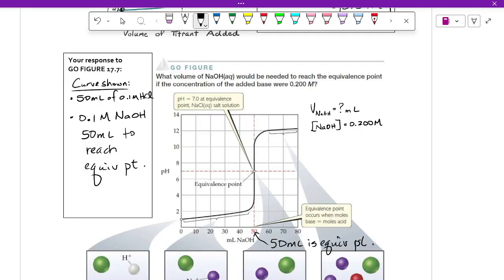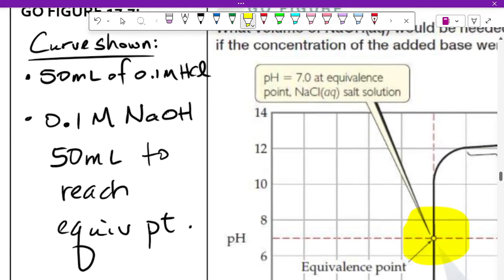Because our equivalence point is here, and it reaches it at 50 milliliters. So in order to react 50 milliliters of 0.1 molar HCl, we had to use 50 milliliters of 0.1 molar NaOH.